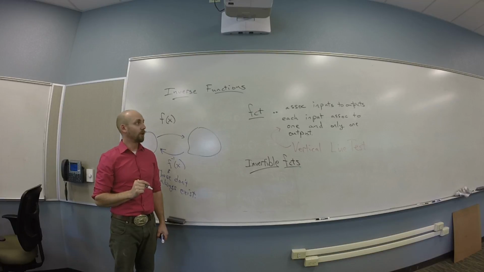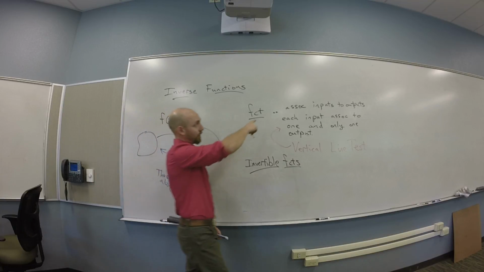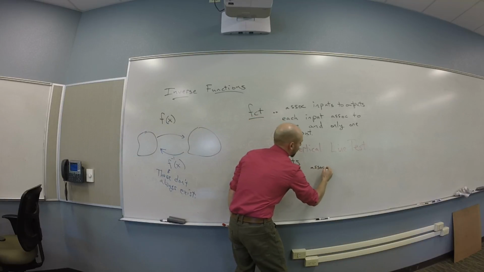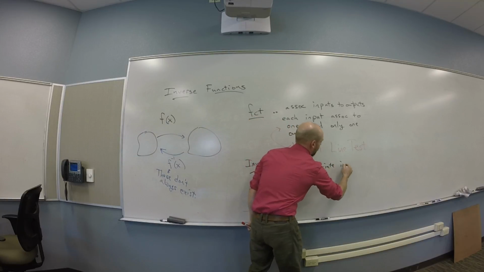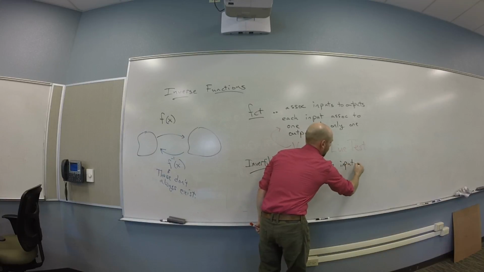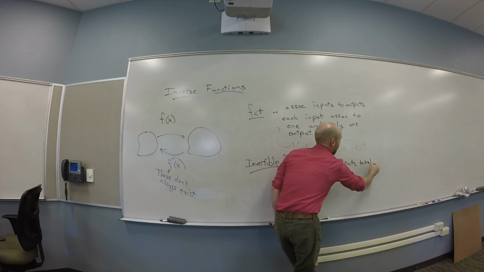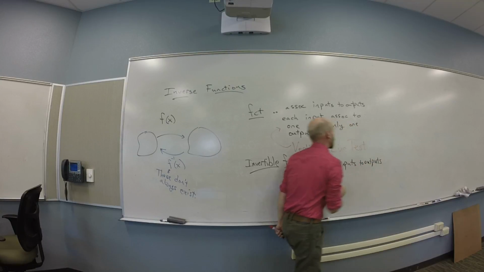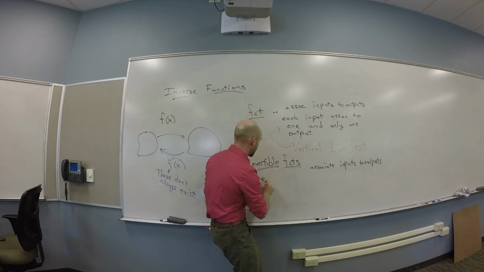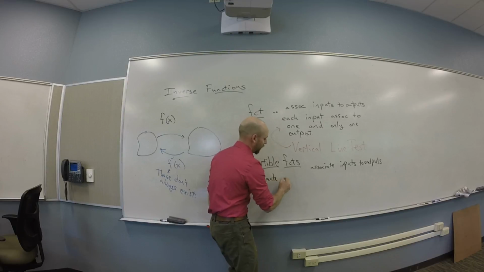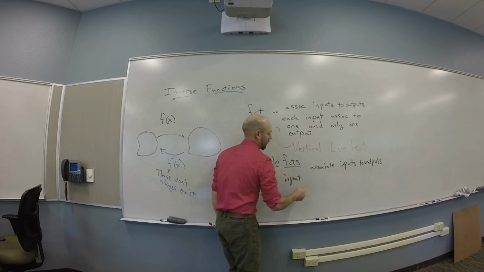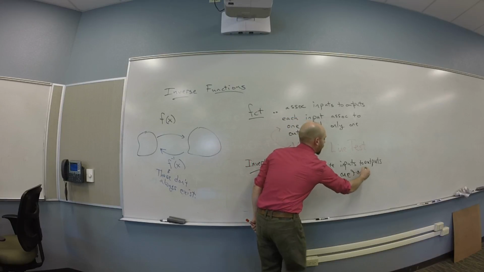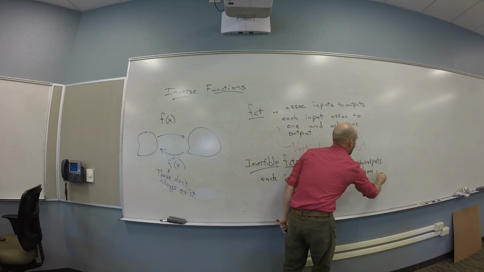For a function to be invertible, it's going to be a function, so it associates inputs to outputs, and each input is associated to one and only one output.